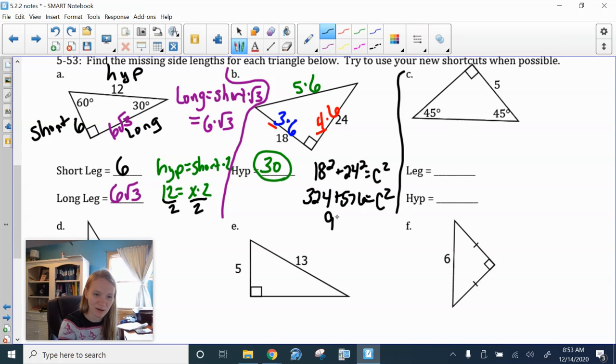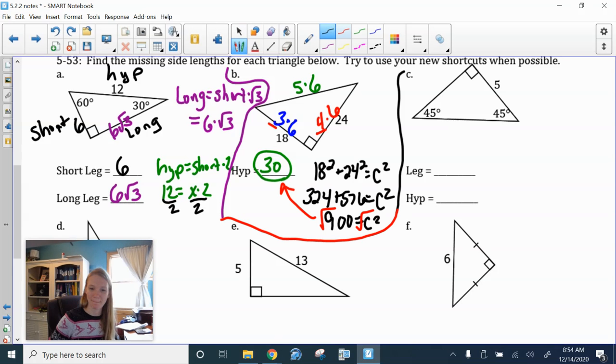Add them up, you get 900, equals c squared. And you can square root them, and that's where the 30 comes from. So you can use your triples if you can. If you don't want to, you don't have to. No big deal.